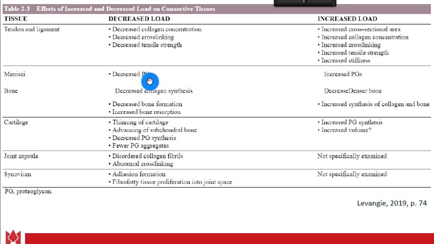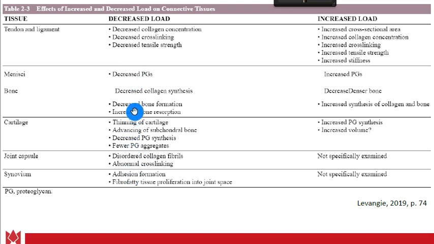You'll see PG on there, and that's proteoglycan, or other things on here, fewer proteoglycan aggregates. Now, GAGs aren't mentioned on here. Remember, GAGs are the extension of these proteoglycans that help their formation as well.